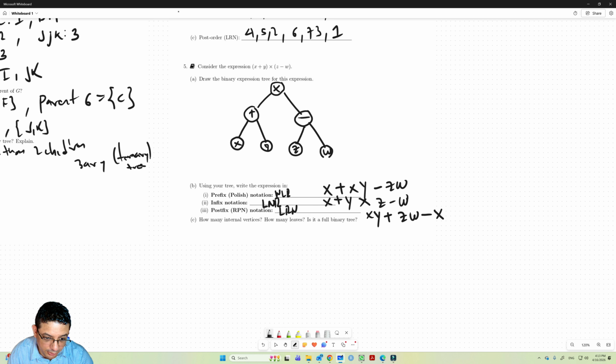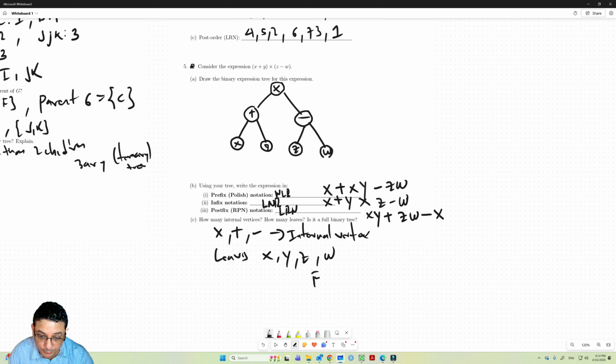Now for internal vertices, notice that we have the internal vertices being times, plus, and minus, so this is 3 internal vertices. And the leaves are going to be, of course, x, y, c, and w, which are the things that are being operated on.